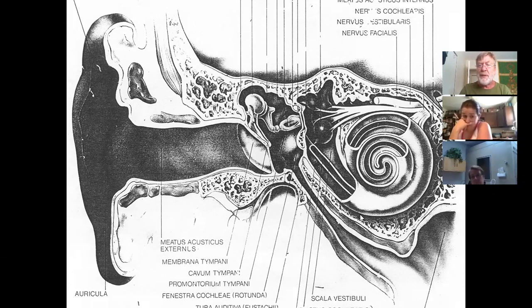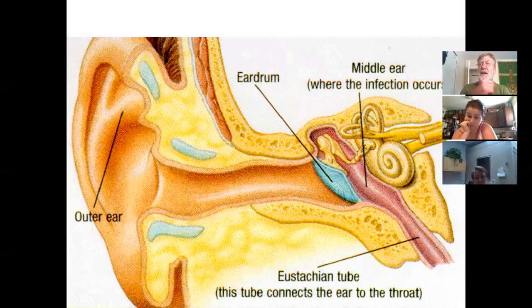Now look at this picture of the cochlea. This too is too big. It should be about the size of the eardrum. It's overblown and overdrawn in size. This is a better picture. This one makes more sense, because now the cochlea is drawn like it's the same size as the eardrum. Ear canal, 1 inch, 2.5 centimeters long.